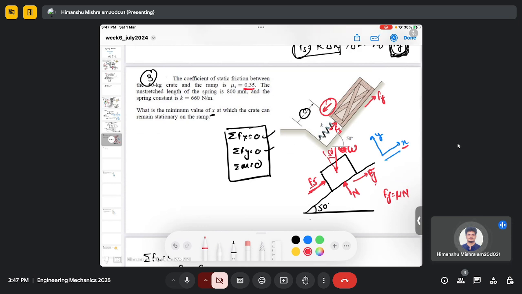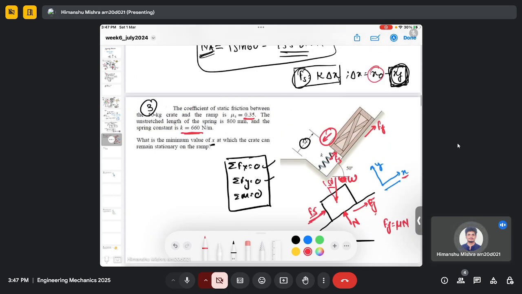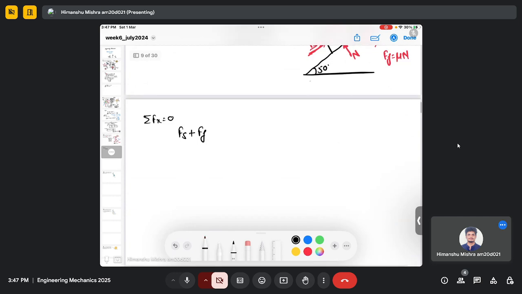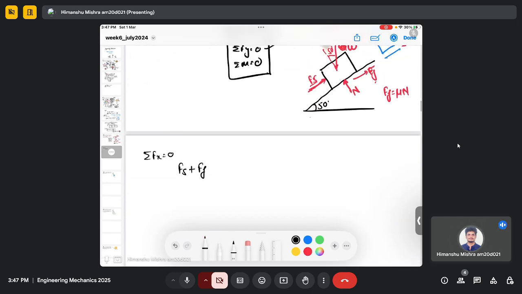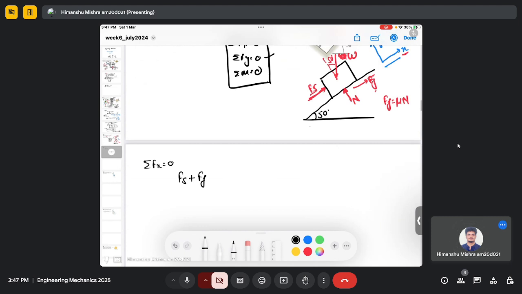Spring constant, which is k, is given as 660 Newton per meter, and this x naught is given as 800 millimeter. So Fs, spring and friction force, minus W sine 50 equals 0.